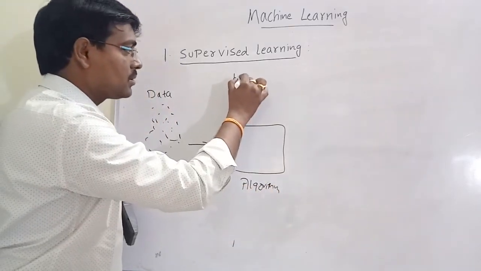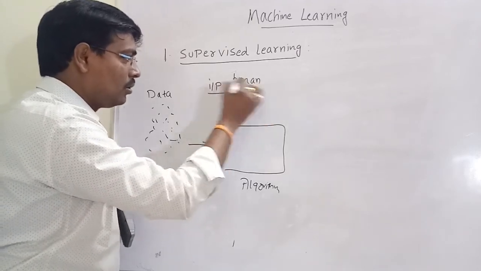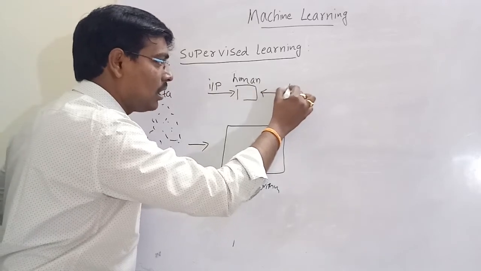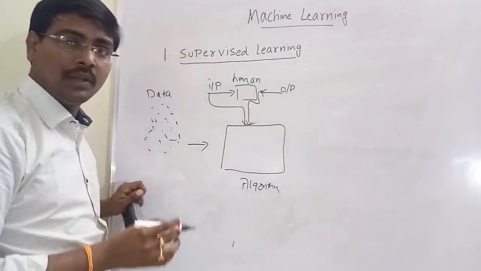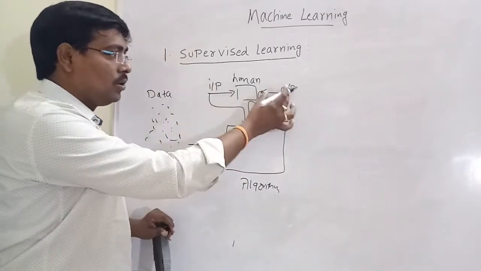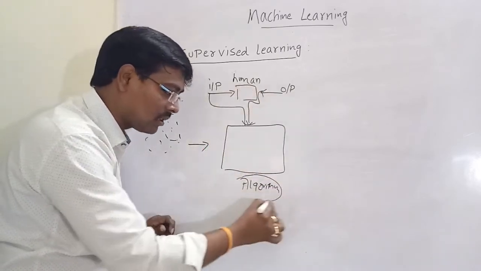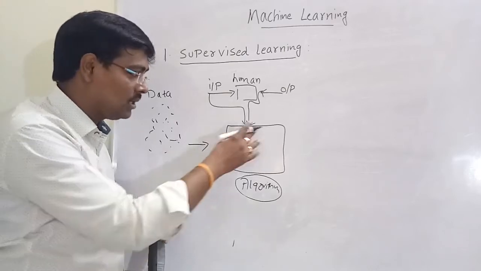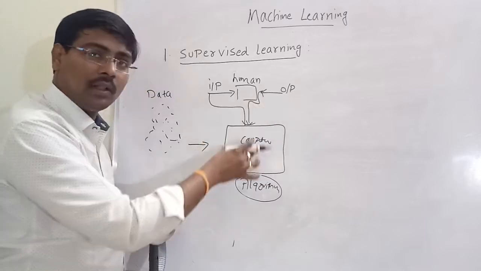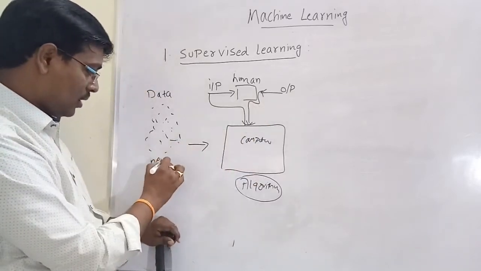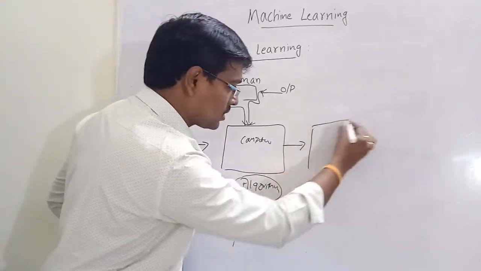The human expert gives the input, and for this input, this is the output to be produced. In this fashion, the human expert designs an algorithm, that is, he models the computer. Whenever new data comes, it performs a processing operation.